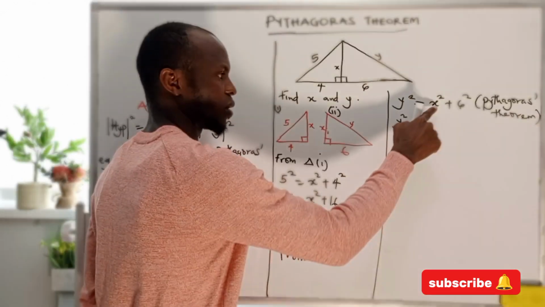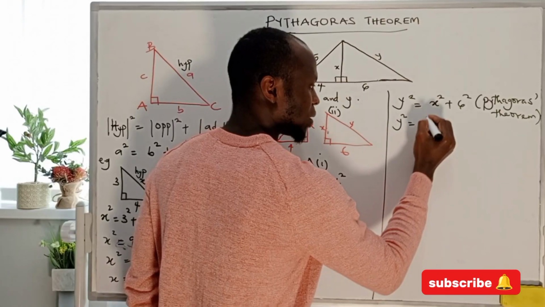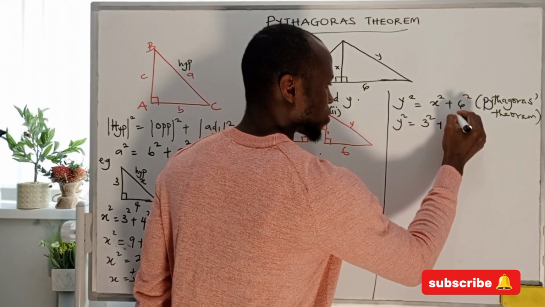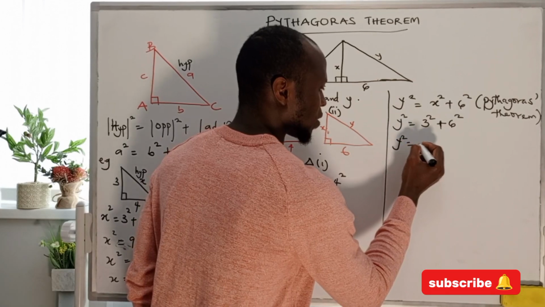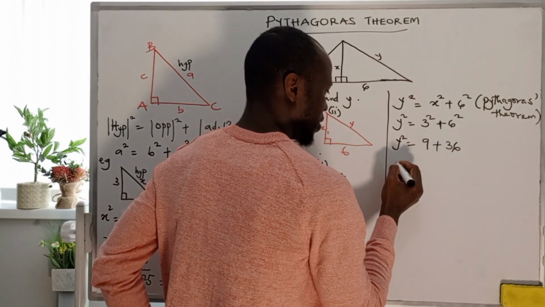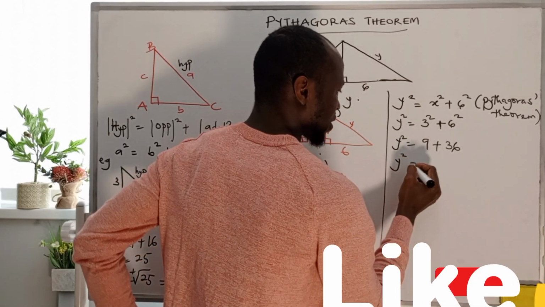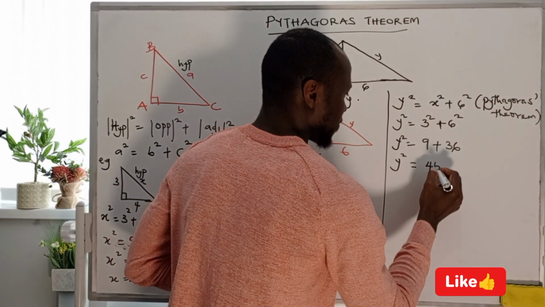My y squared equals 3 squared plus 6 squared, so y squared equals 9 plus 36, which is 45.